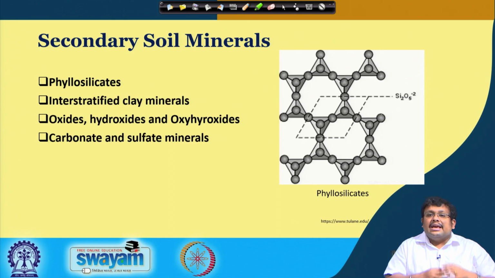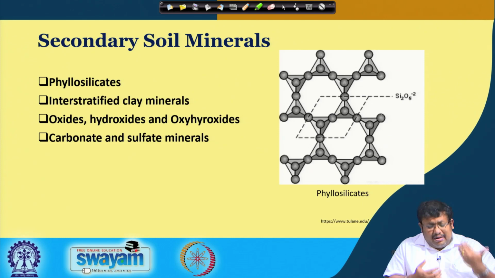However, when the chemical composition changes from one mineral to another mineral, the secondary soil minerals appear. Another name for secondary soil minerals is secondary clay minerals. We have already discussed the phyllosilicates, which are one of the major classes of the soil silicates and are also known as the soil clay minerals.